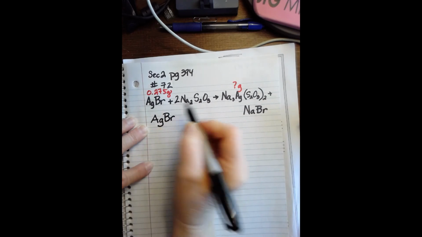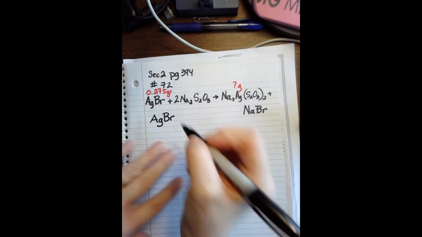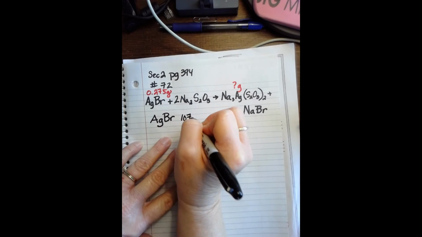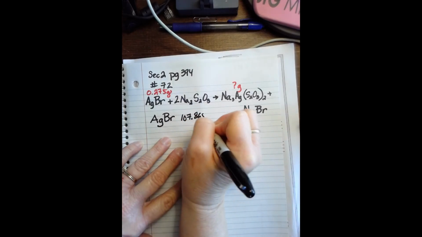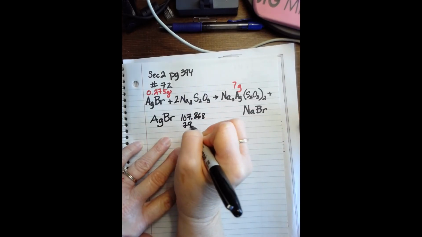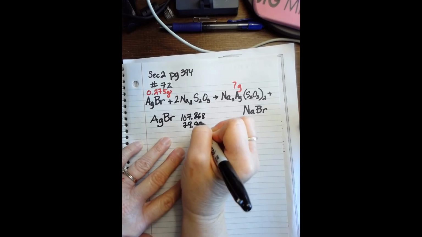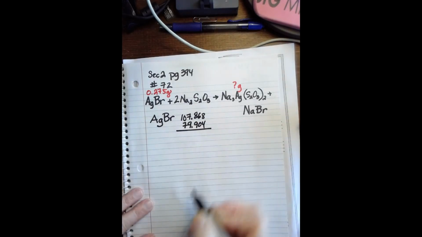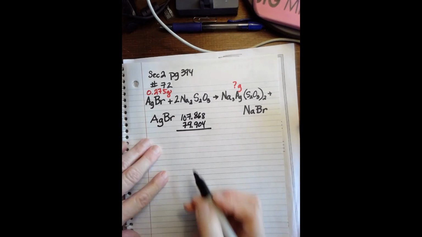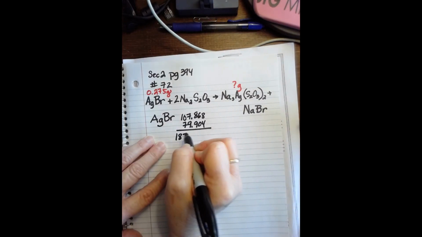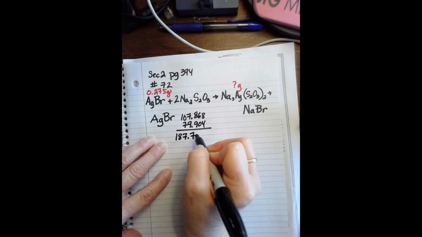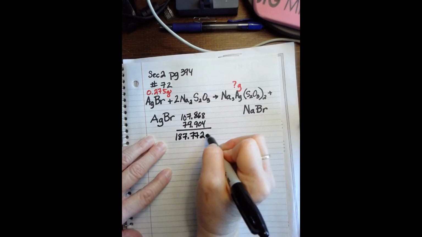The molar mass of that is 107.868, and bromine is 79.904. So when I add that up, the molar mass that I'm going to need is 187.772 grams per mole. All right.